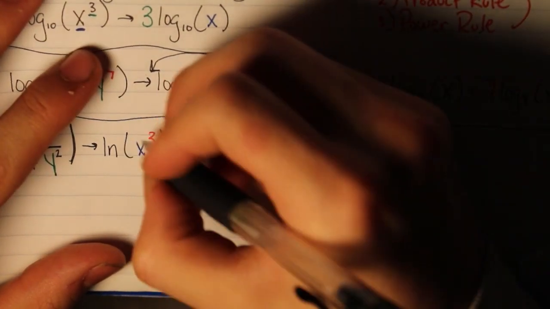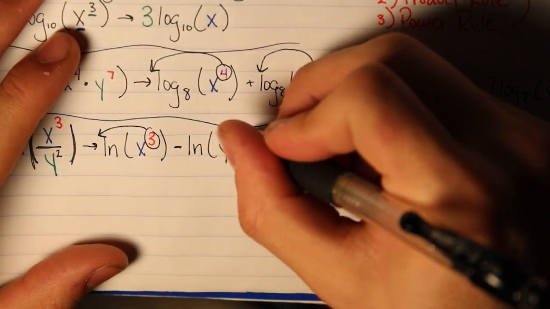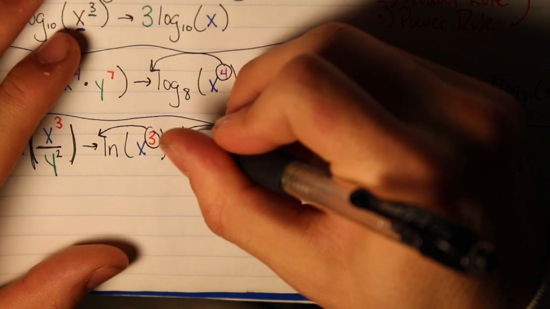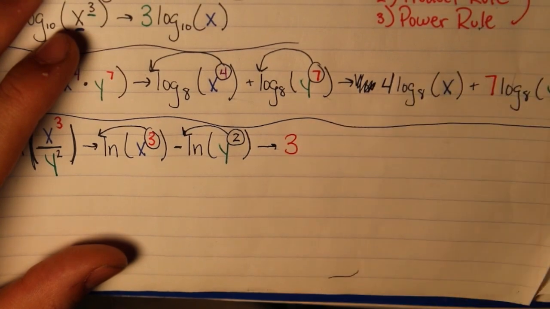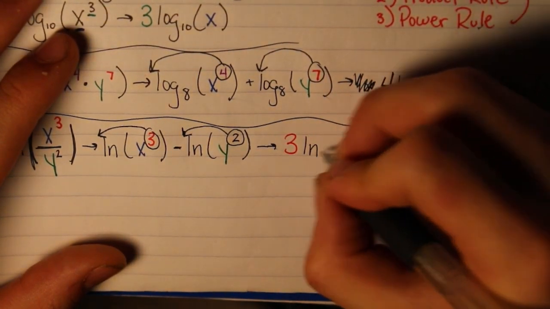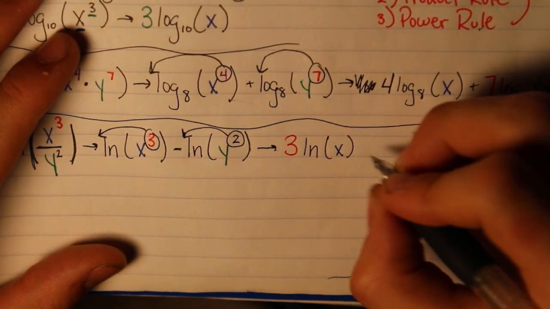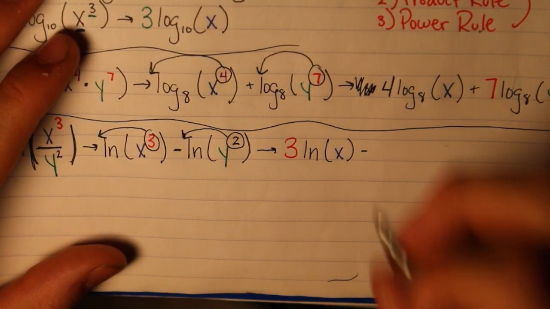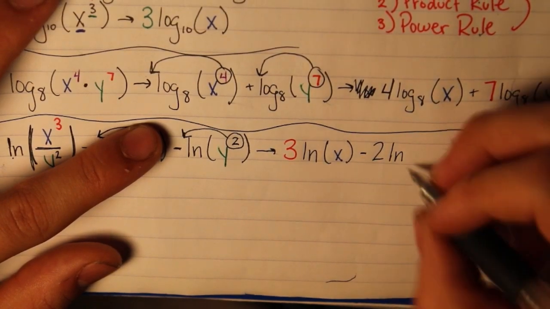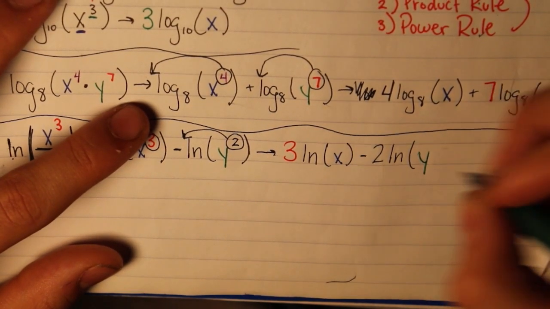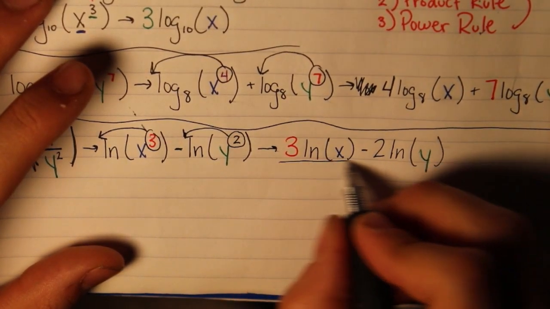We're going to take this 3, move it to the front, and take this 2 and move it to the front. That's all we're doing. We're going to end up with 3 ln of x minus 2, because we moved that 2 to the front, ln of y. All right, that's all we did. And this would be our final answer.